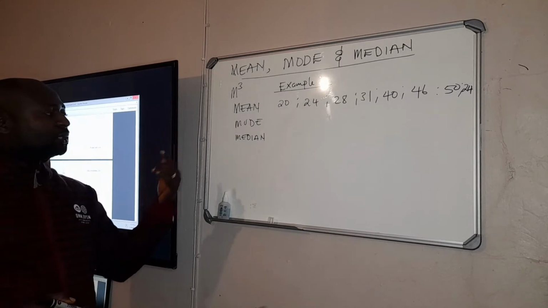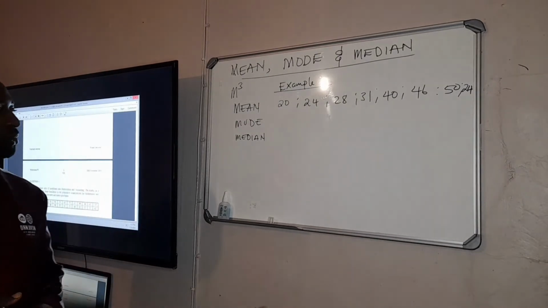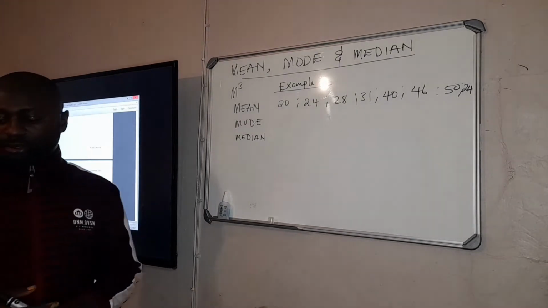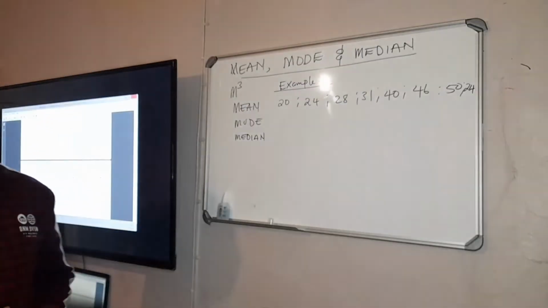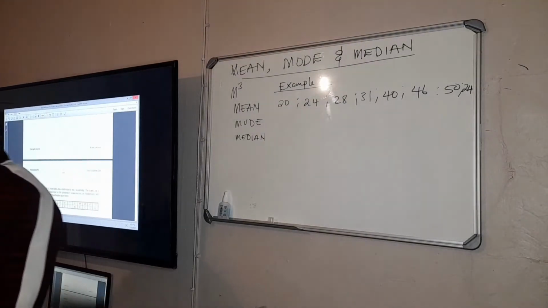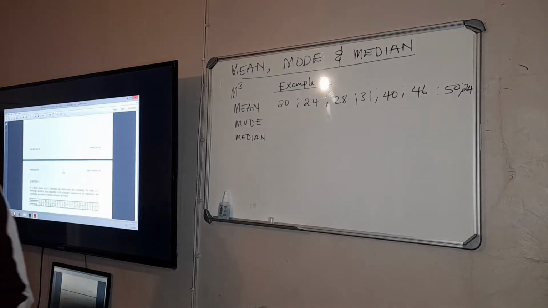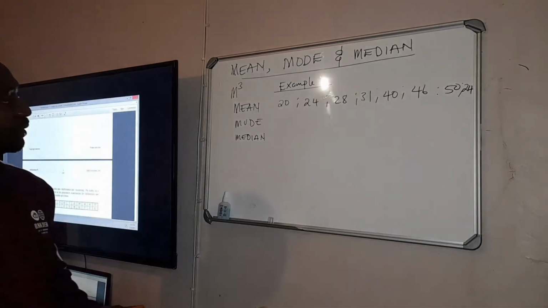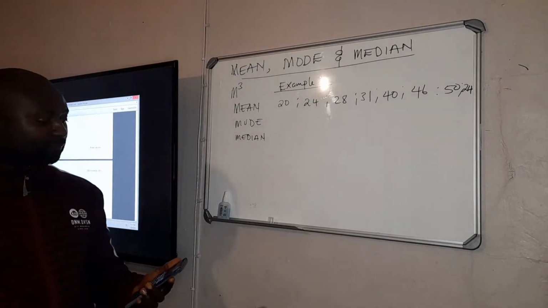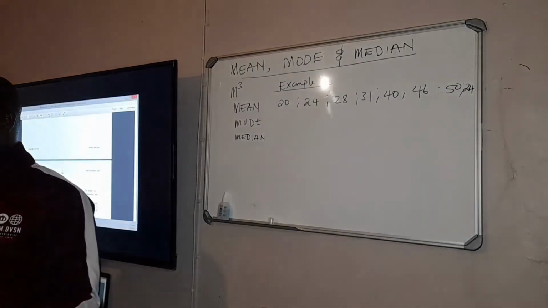So now with these numbers, they will ask you to find the mean, and then they will also ask you to identify the mode and to determine the median. So now what you do here, to find the mean, you just go to your calculator.